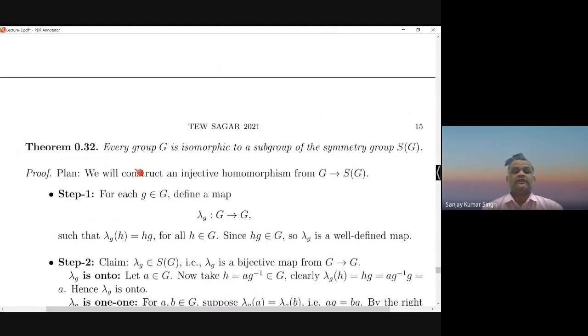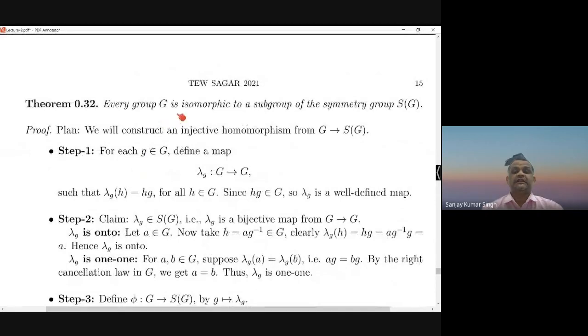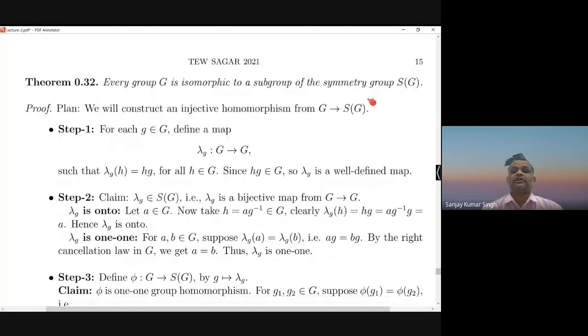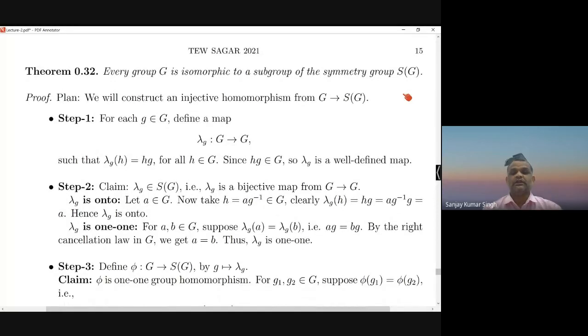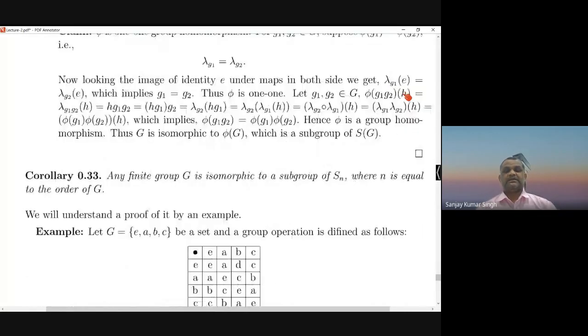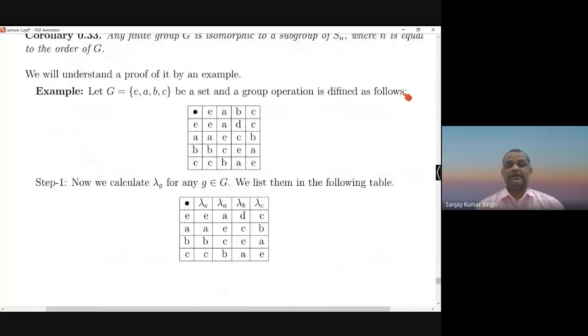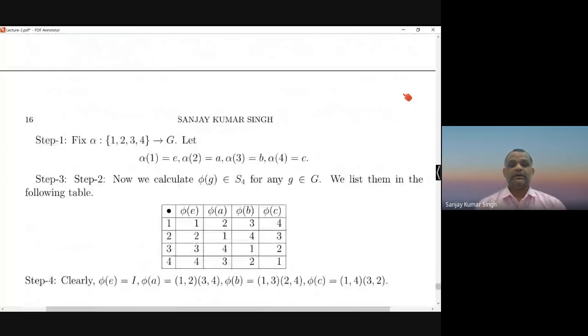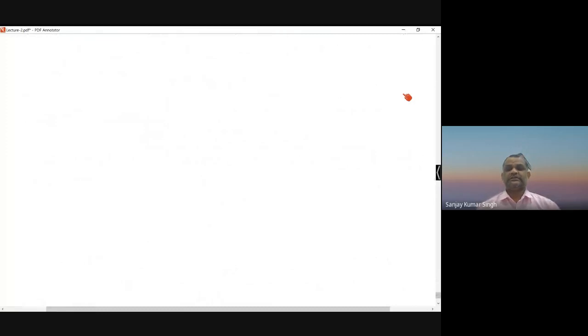There is a theorem which says that every group G is isomorphic to a subgroup of the symmetric group S_X. I will leave this proof, and if someone is interested, then I will do it in the next class, and you can find it in the notes. So now I will stop my presentation for today.